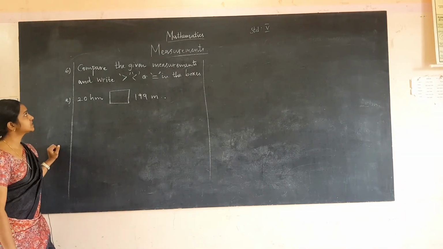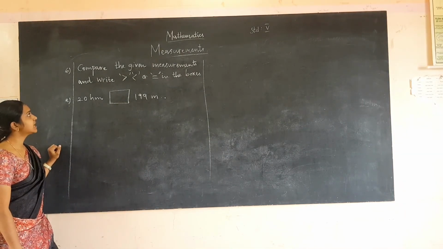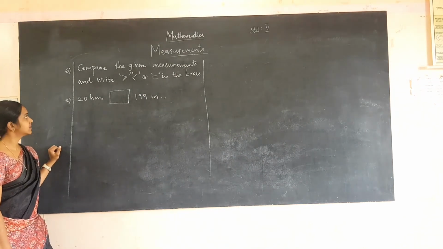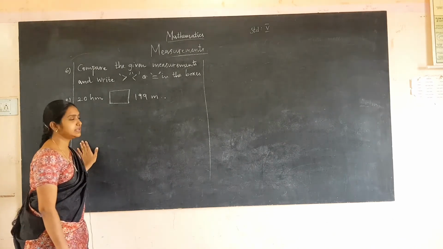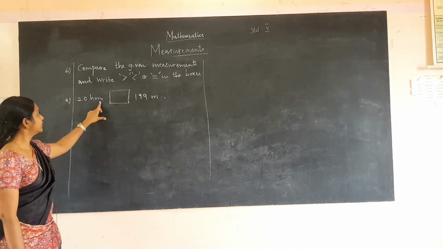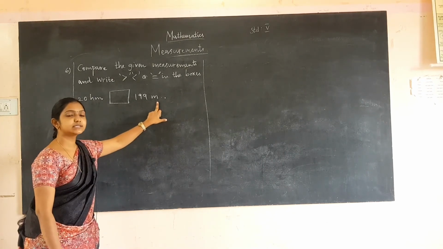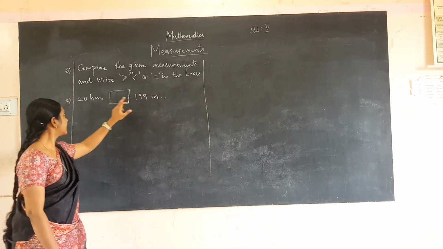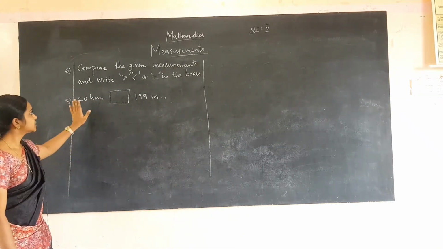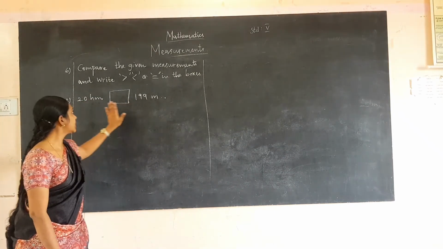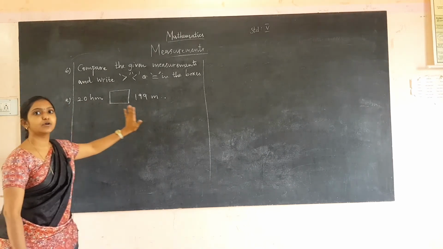The next question is, compare the given measurements and write greater than, less than or equal to in the boxes. 20 hectometer and 190 meter. Compare the units. Meter is the smaller unit, so we have to convert hectometer to meter itself.